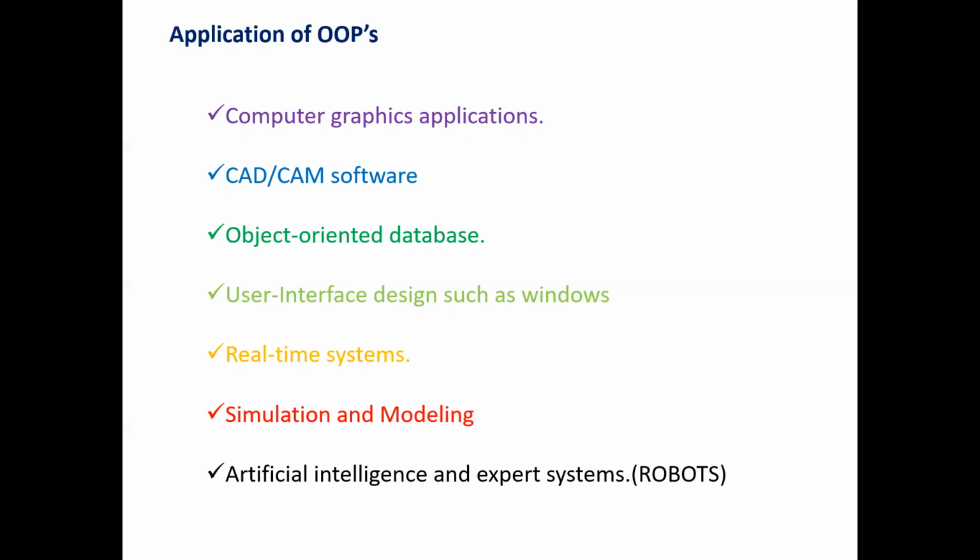Normally, for engineering purposes, we have CAD, that software is normally called AutoCAD, right? To design something, either to make a machine drawing or a civil drawing or an automobile drawing, for that we need software called CAD, that is AutoCAD normally used. So, CAD CAM software is its application.